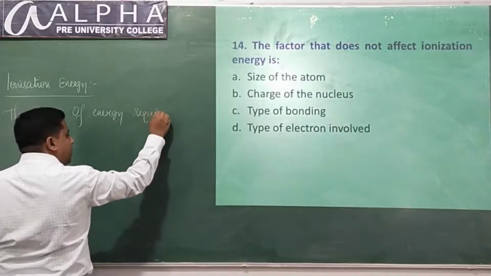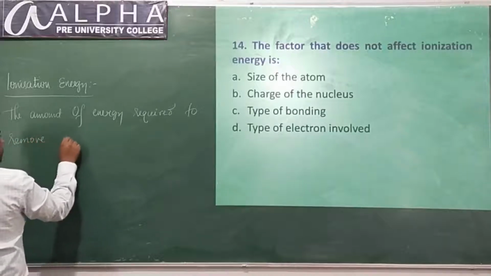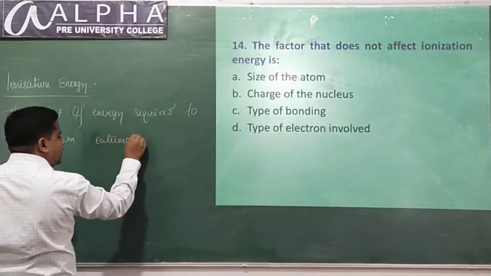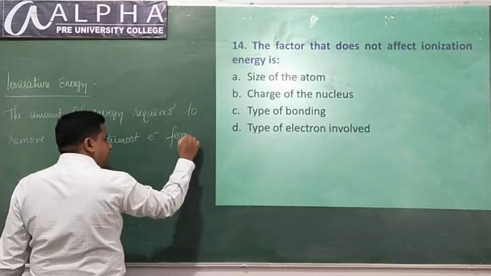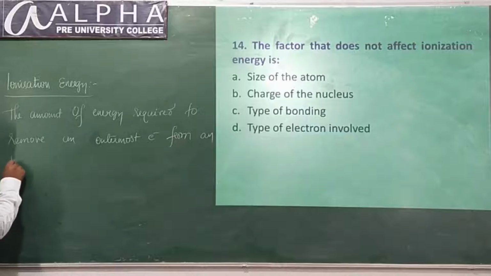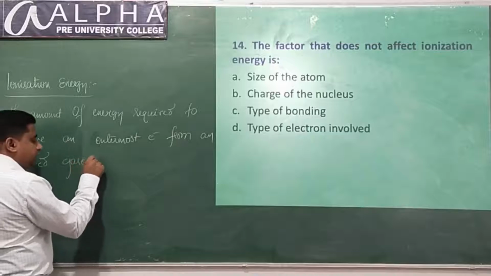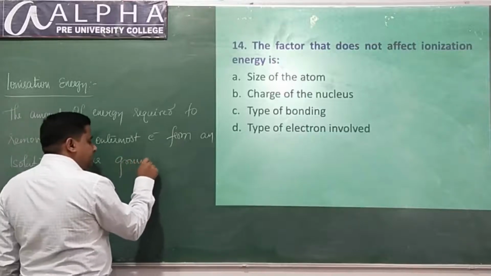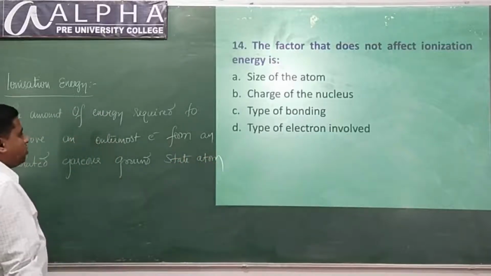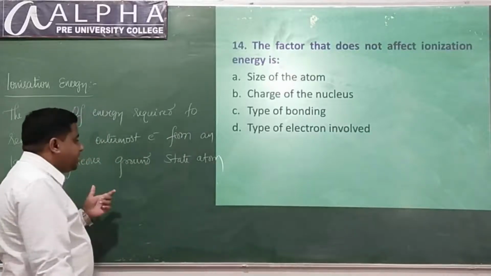It is the amount of energy required to remove an outermost electron from an isolated gaseous ground state atom.